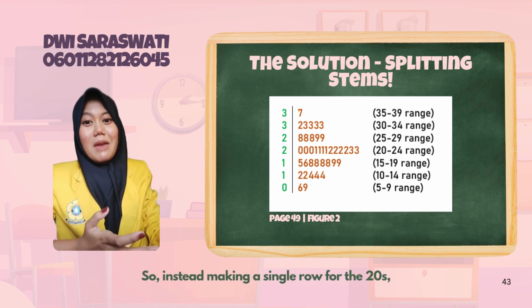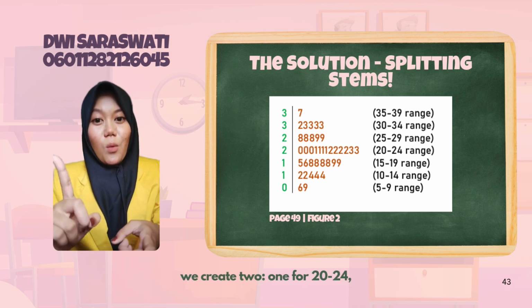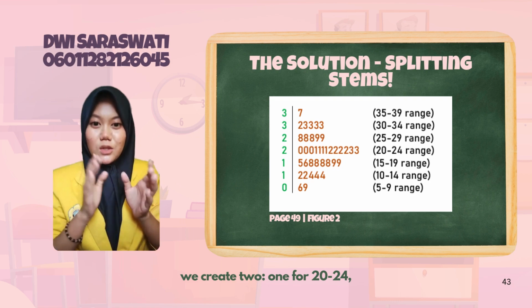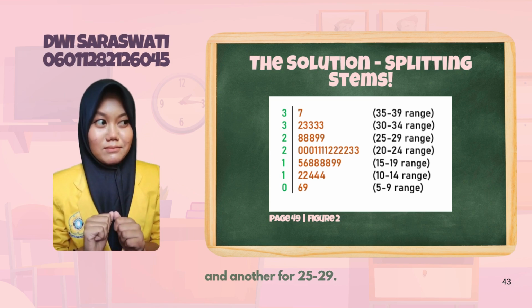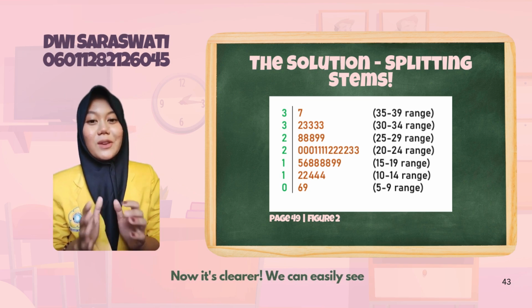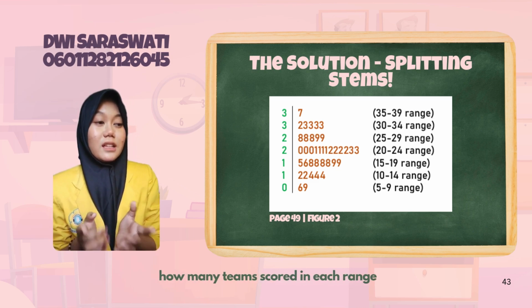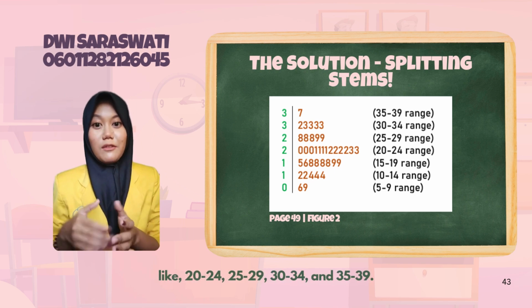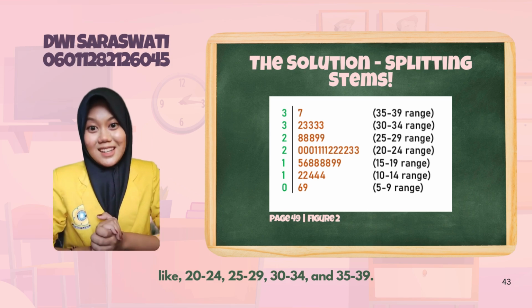Instead of making a single row for the 20s, we create two: one for 20 to 24 and another for 25 to 29. Now it's clearer. We can easily see how many teams scored in each range, like 20 to 24, 25 to 29, 30 to 34, and 35 to 39.